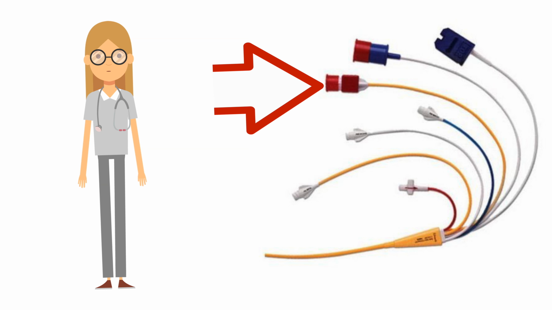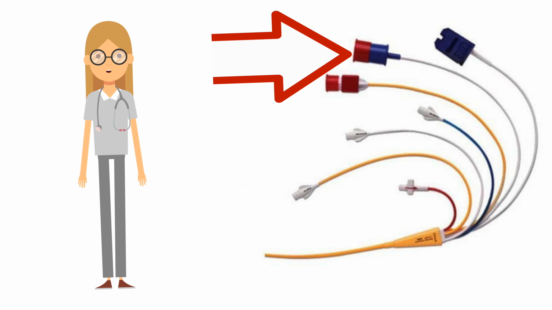The thermistor is a temperature sensor that is positioned in the pulmonary artery and is used to measure the patient's core blood temperature. It is also used in calculating cardiac output. The thermal filament is used to calculate and display continuous cardiac output on the monitor.